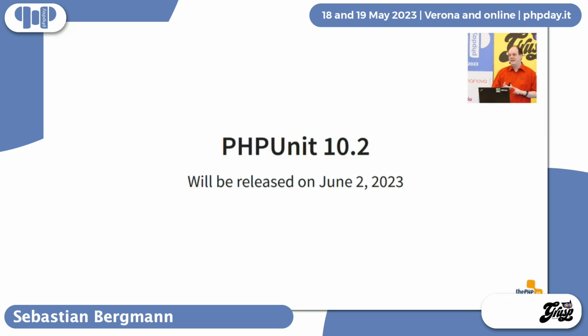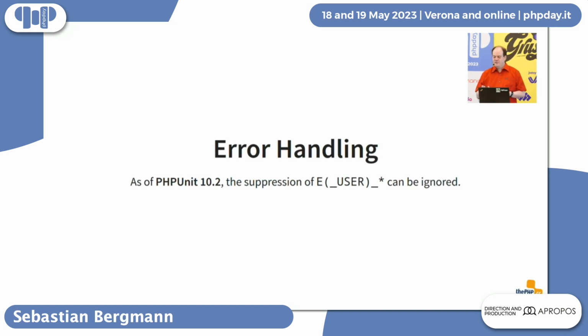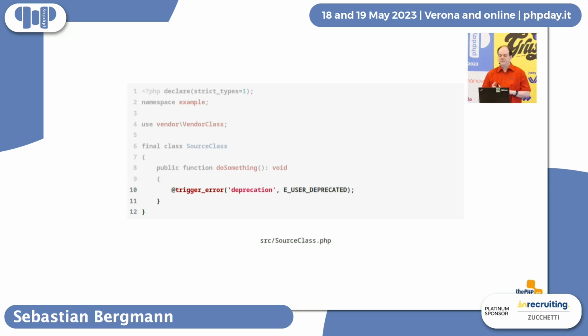So PHPUnit 10.2, which will be released a couple of weeks from now, at the start of June. As of PHPUnit 10.2, the suppression of E_USER_* errors and E_DEPRECATED and so on can be ignored. So what does that mean?